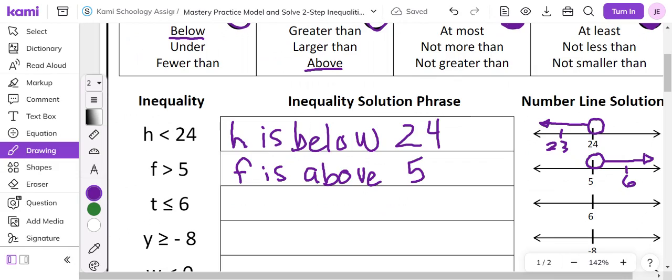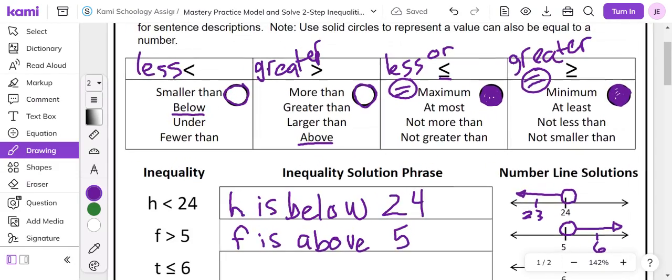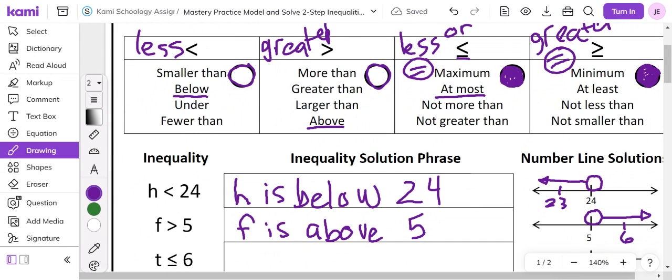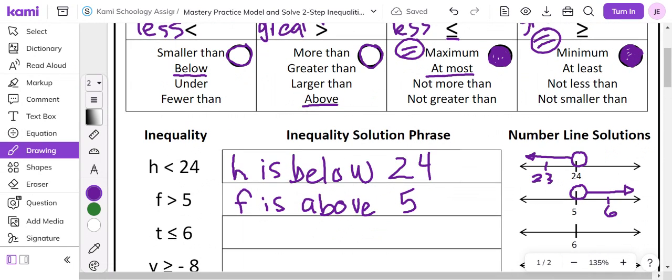And T is less than or equal to, go up here. So the most it can be is being compared to 6. So that means everything else is less than or equal to 6.